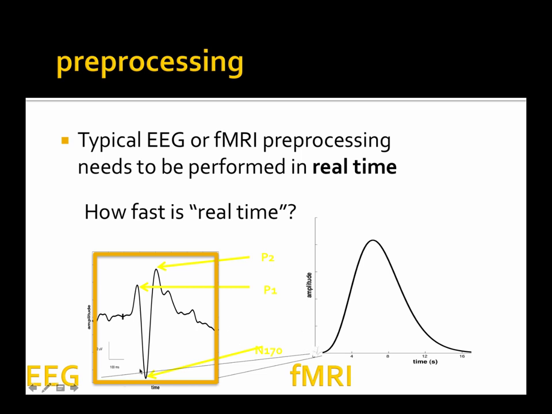So if we were sending back to the subject information about this peak in the EEG, you will get the signal within 170 milliseconds. However, if you're looking at the fMRI, the response to this will come a few seconds later. So those are things to consider when you are setting a neurofeedback experiment, and also how you will tell your subject that things will happen.